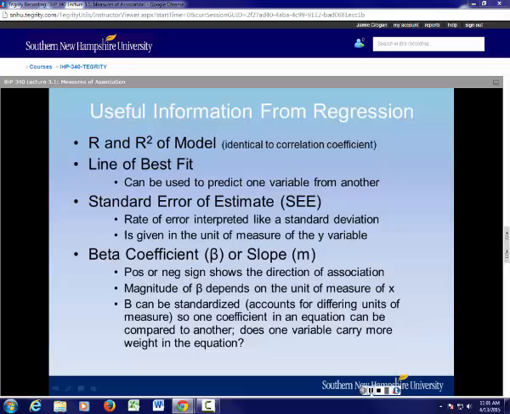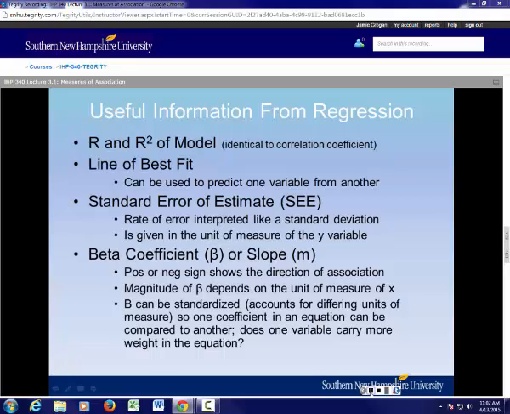That slope also depends on the unit of measure of x. And so we'll see that in an example I have coming up. And so the size of the slope depends on whether x was measured in inches or centimeters, etc. But you can actually standardize the beta coefficient so that you can look to see in any given regression equation how much weight one variable carries compared to another.